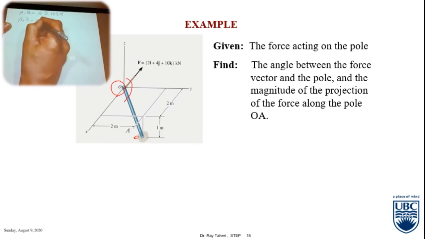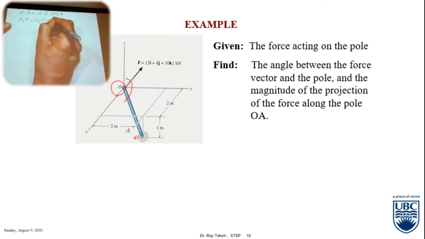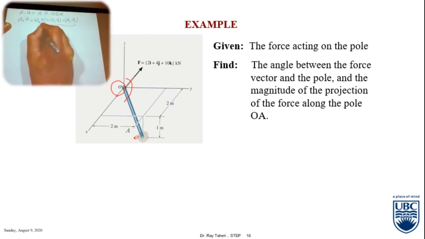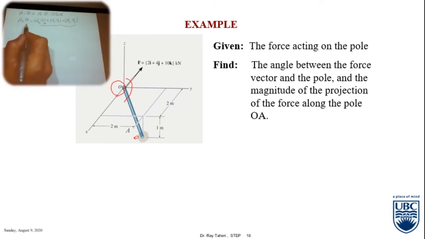On the other hand, we know that A dot B is equal to AX BX plus AY BY plus AZ BZ. And you realize that this is a scalar number. The unit is the unit of these two numbers.